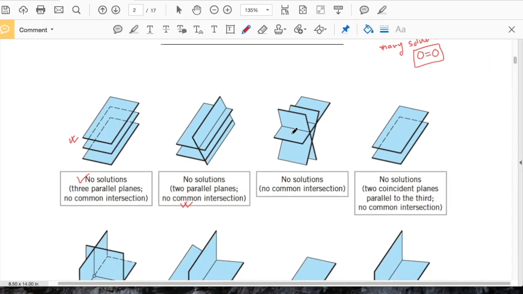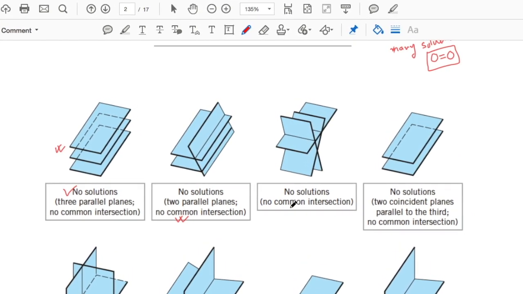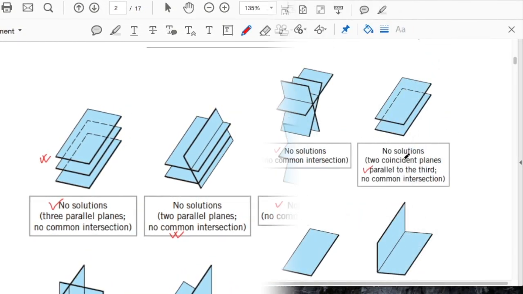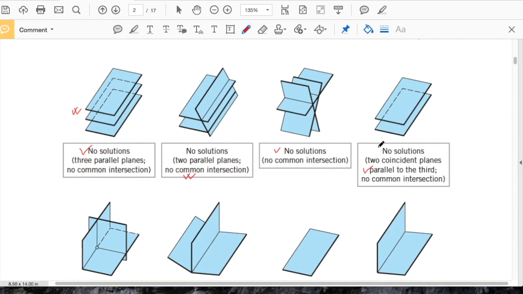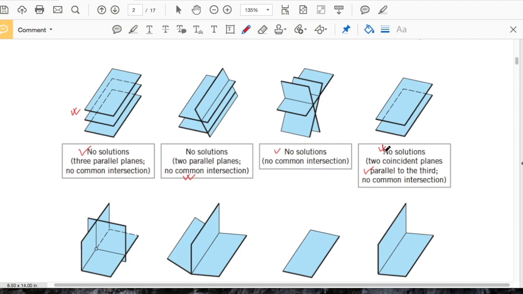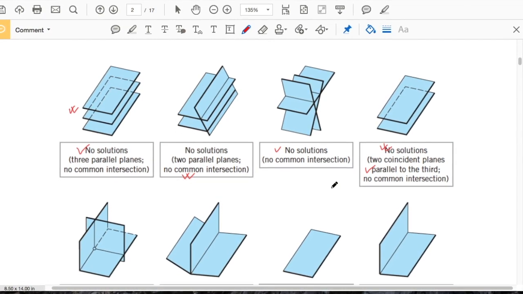Or three planes intersect each other like this, still there is no common point, so no solution. And in this case, no solution, because two planes coincide with each other and are parallel to the third one, so no common intersection means no solution.